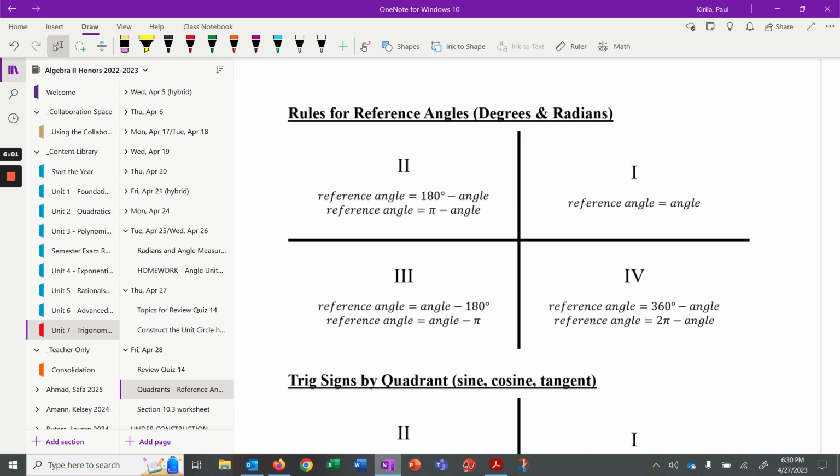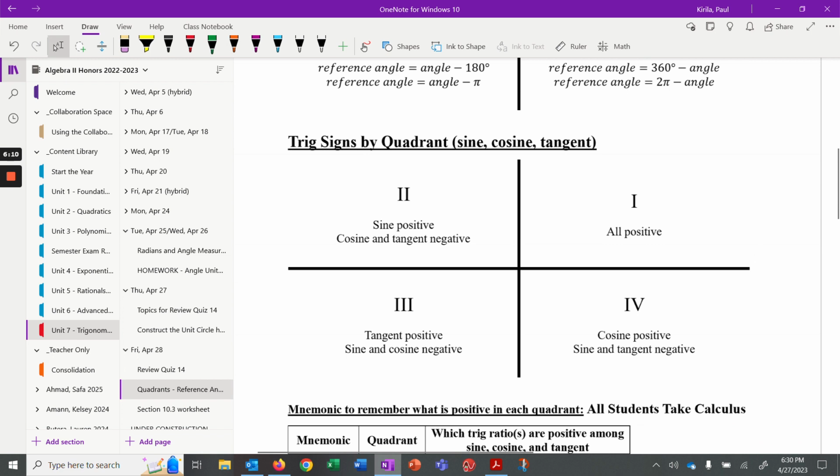These are some rules, both in degrees and in radians, to help you find those reference angles. But then, because cosine is my x-coordinate, sine is my y-coordinate, and tangent is sine over cosine, each quadrant has its own signs.